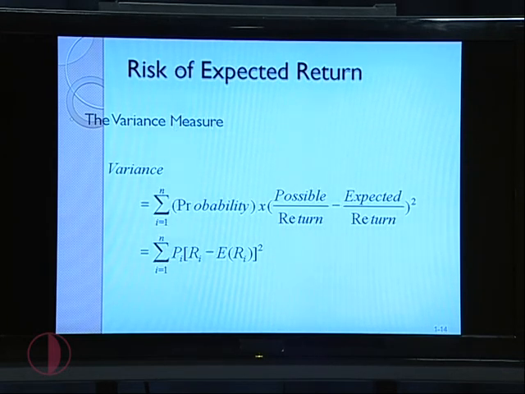Now, how can we measure risk of expected return? In actual, we have many measures. The first measure is the variance measure. The variance measure is related to the difference between actual return and expected rate of return. How can we calculate the variance?